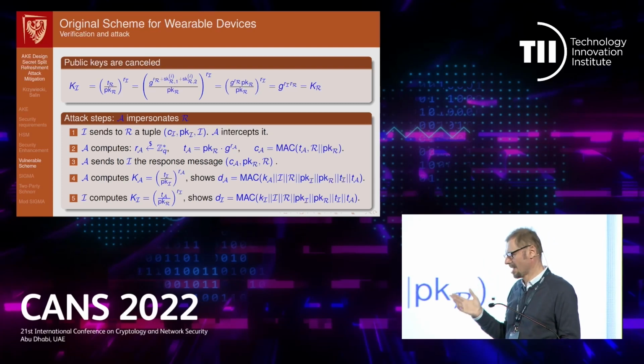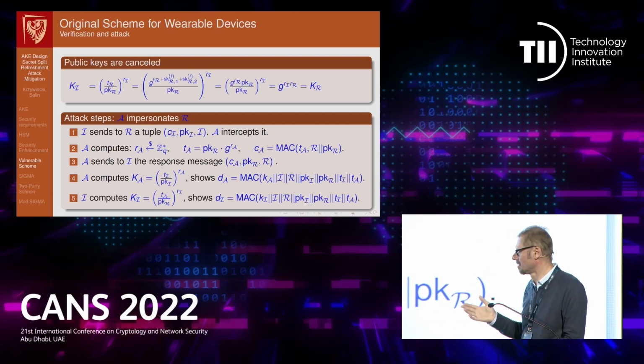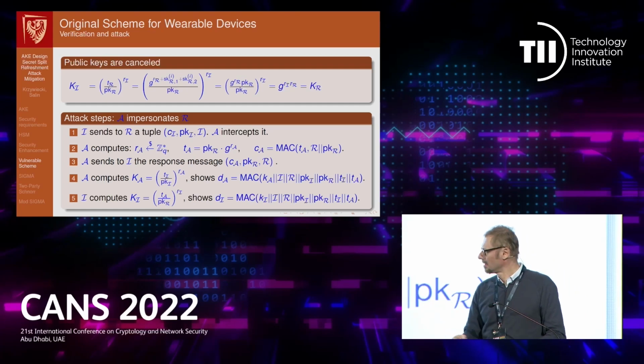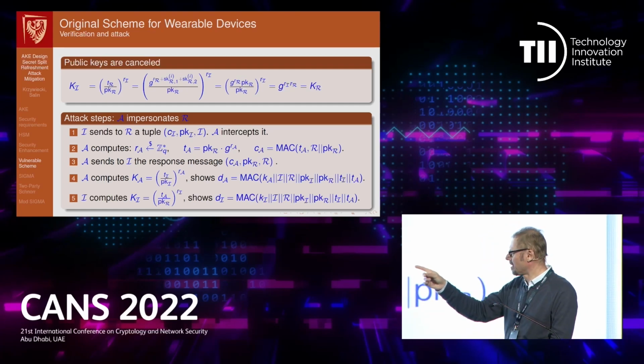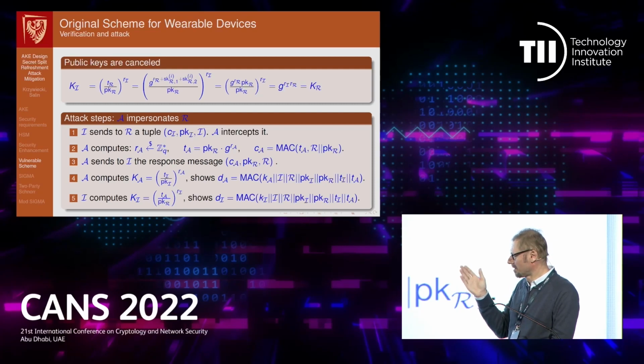So now the attack is very straightforward. Actually, the main part is in that second step, when the attacker, after blocking the first message from the initiator to the responder, intercepts the session. It computes its own randomness.